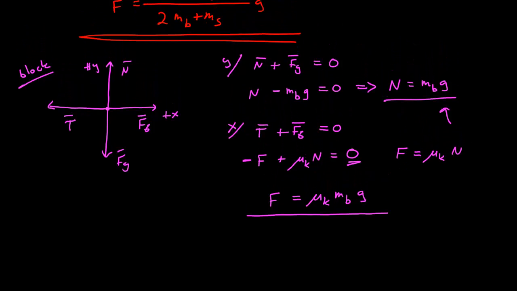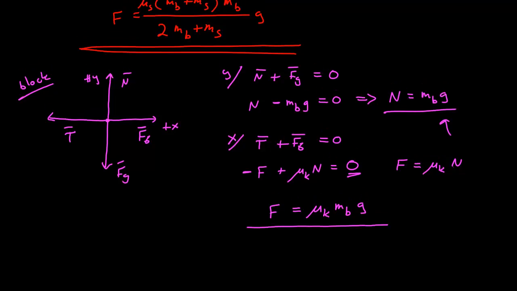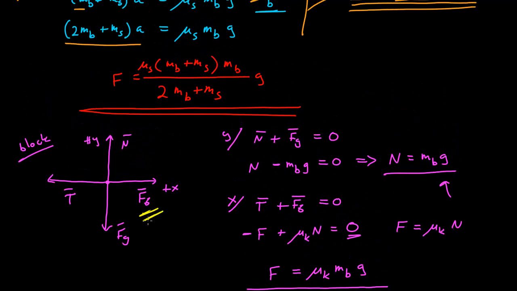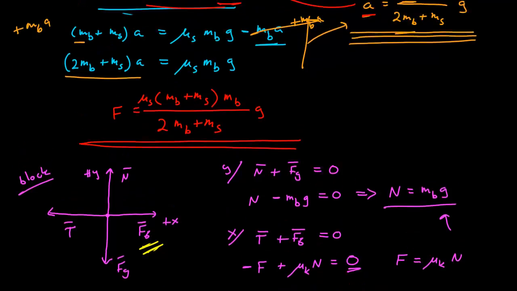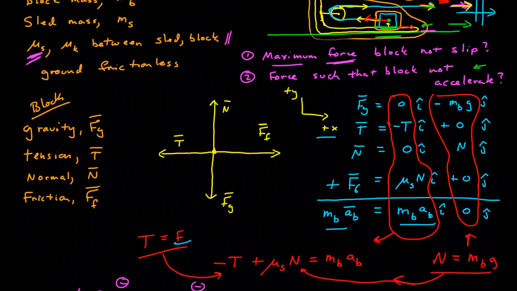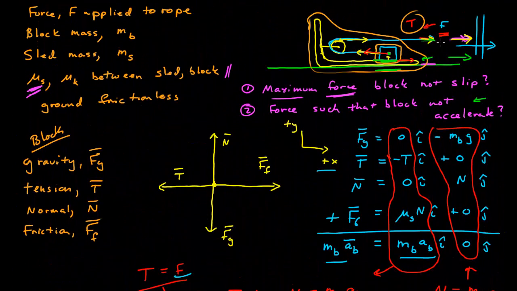The one thing I will say, I glossed over this a little bit, is are we sure the force of friction was in that direction? When we pull this, the sled is moving to the right. But that still means that the block is moving to the left relative to the agent, which is the sled, which is moving to the right.